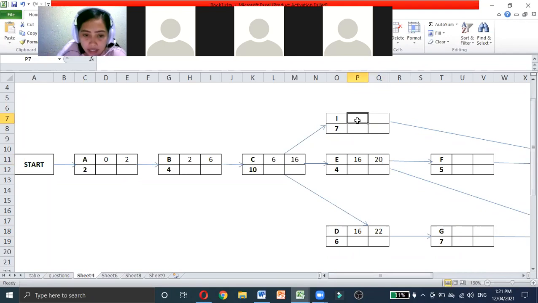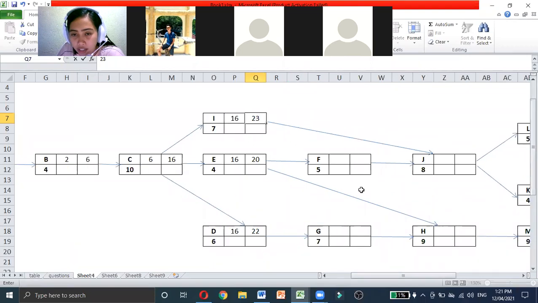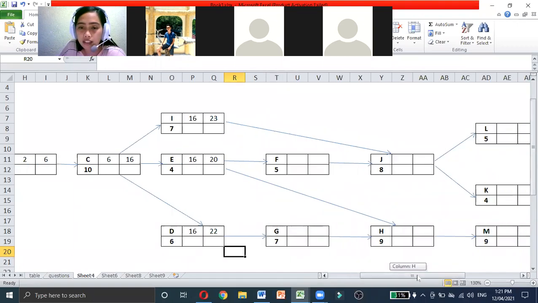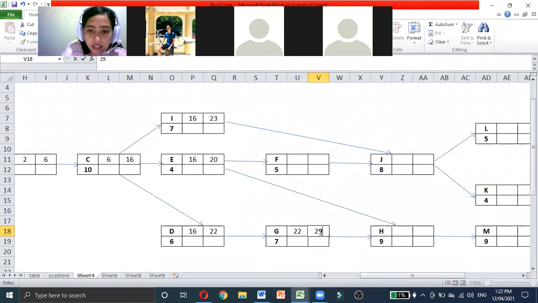For I, 16, and then this one, 23. Let's have D first. Okay, so let us have G first. G, earliest start 22, and then 29.